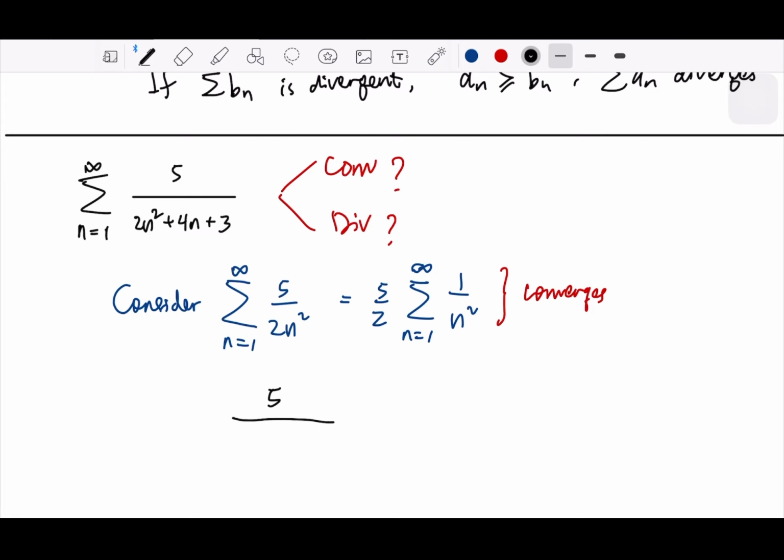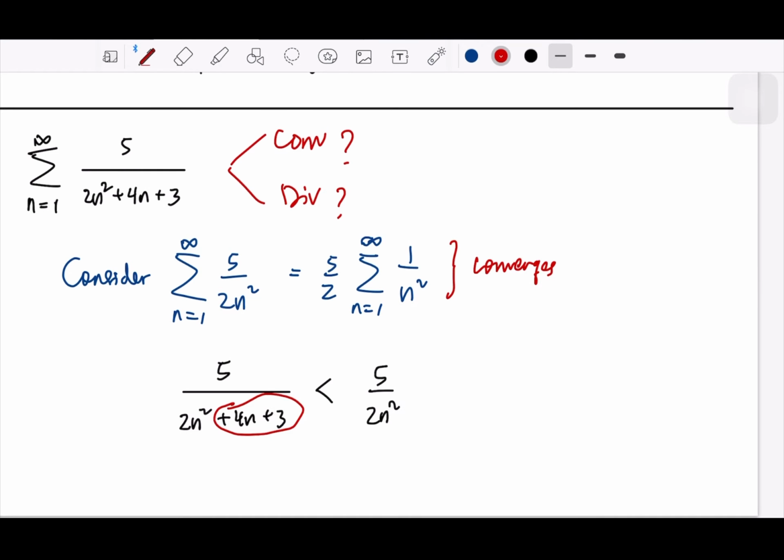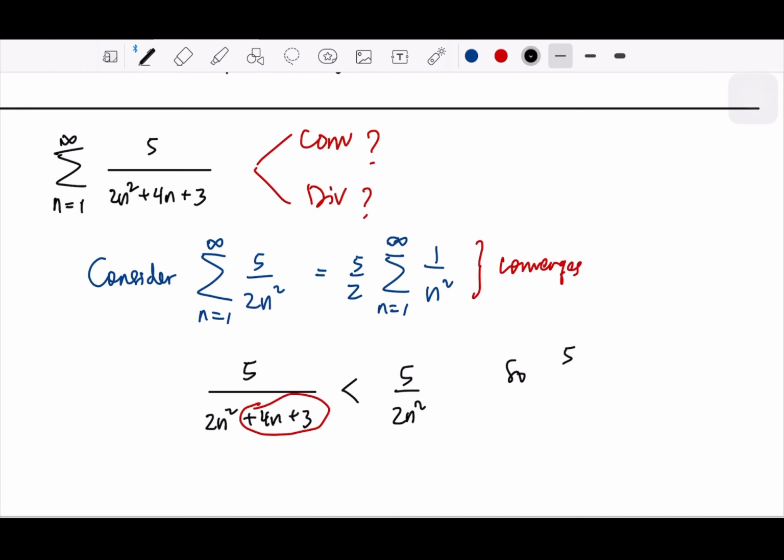And if we compare with the series that we are looking for, this is less than 5 over 2n squared, and we can see that from this inequality. So the series is convergent by direct comparison test.